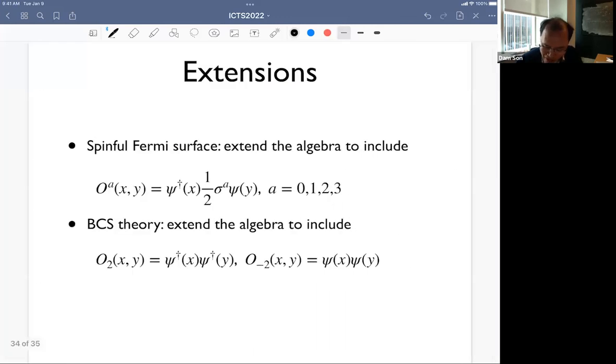This way of thinking allows us to think about extensions like a spinful Fermi surface, where we include in the theory also a spin operator carrying spin, or the BCS theory, in which you extend the algebra to include also operators that have charge 2 or -2.